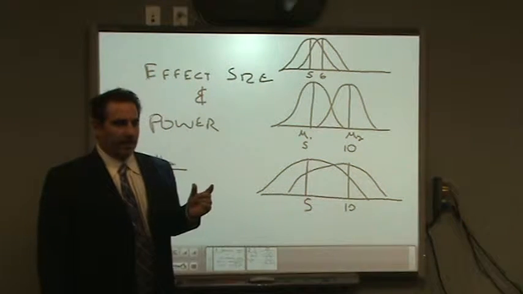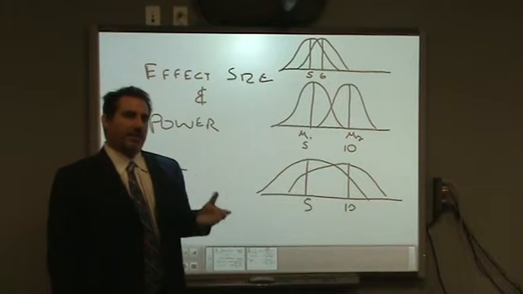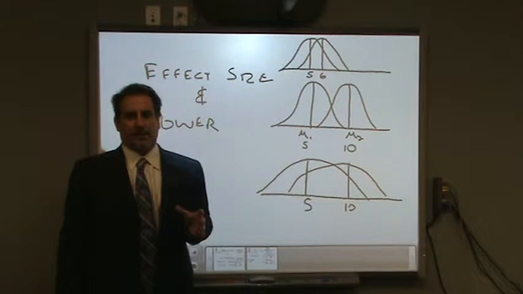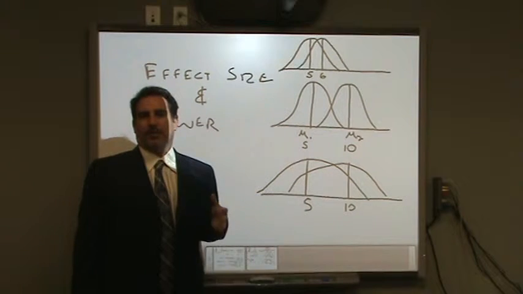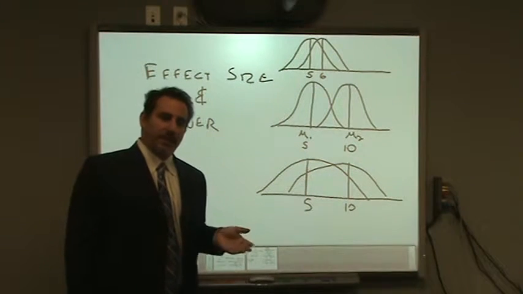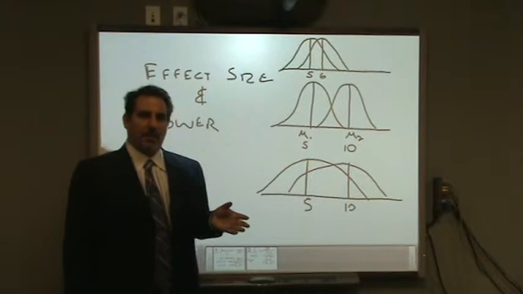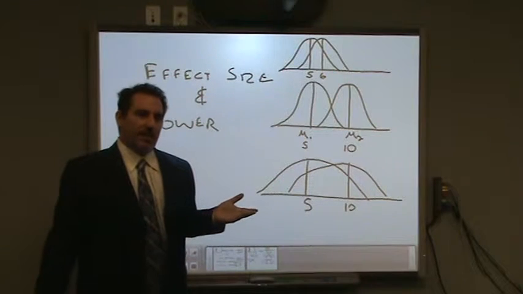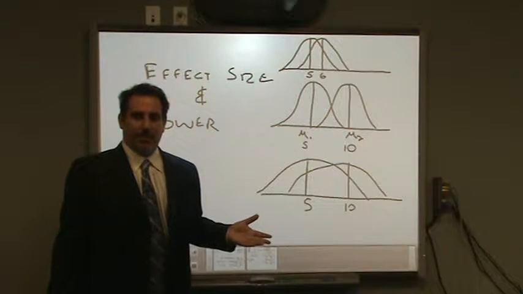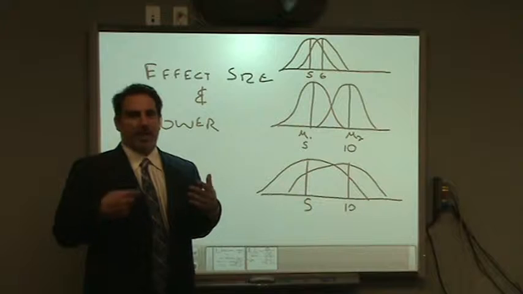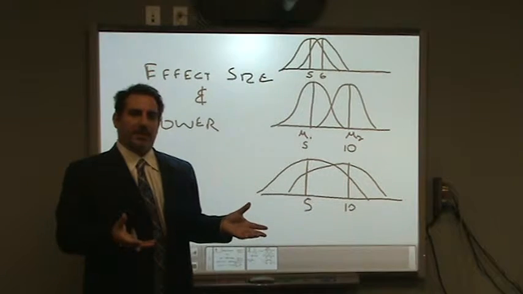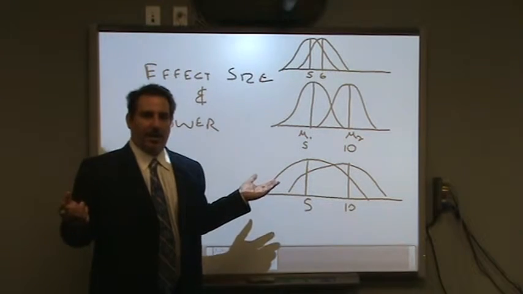But something that also needs to be considered is the effect size, because it is possible to have a statistically significant difference between groups, but the effect size is so small that it doesn't really matter. So it's almost like, well, yeah, it's true that there is a difference there, but who cares?